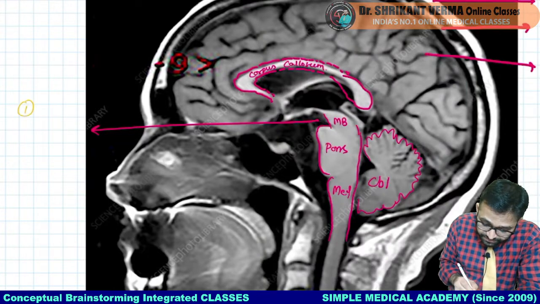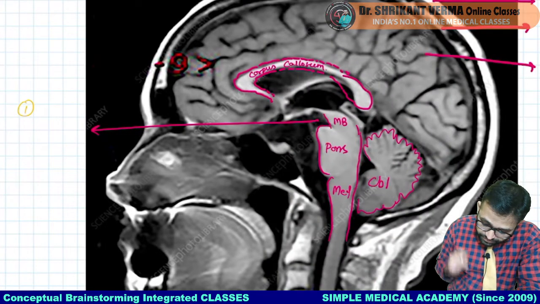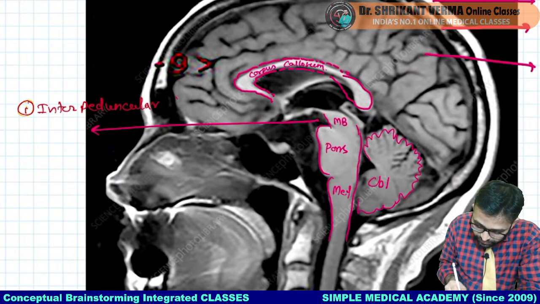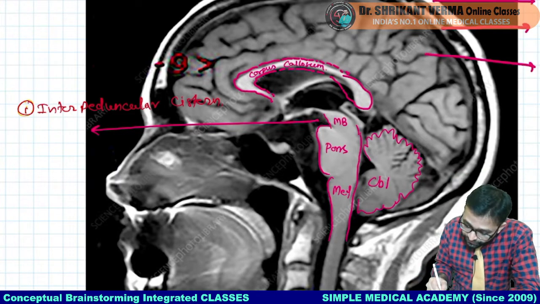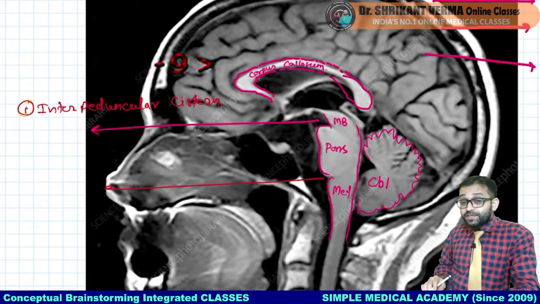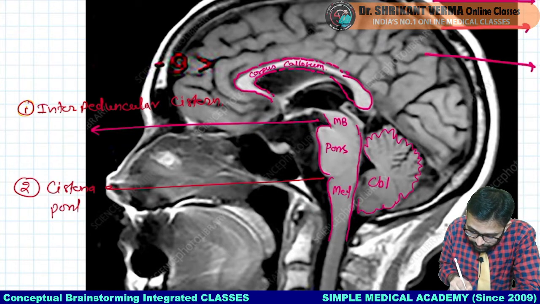It is our interpeduncular cistern. Am I right? Fine. Now, if any cistern space is present in front of the pons, then what should be the name? Very good. This will be the position of the cisterna pontis.